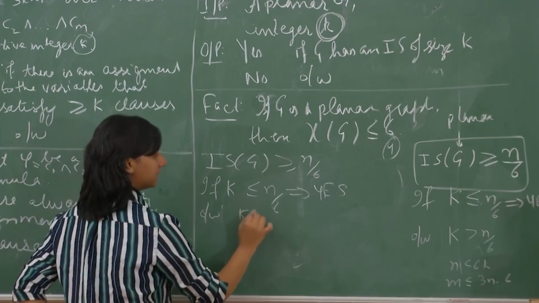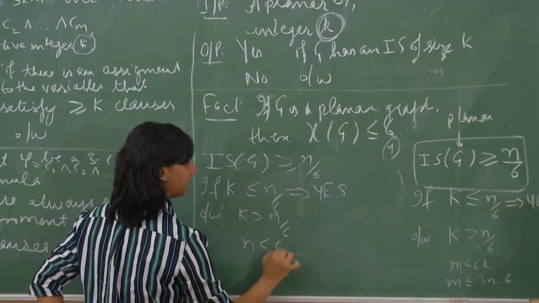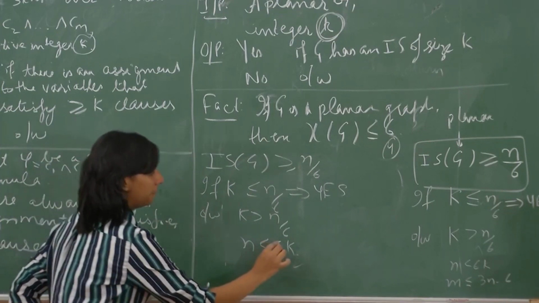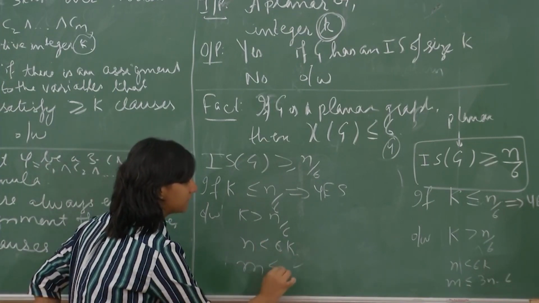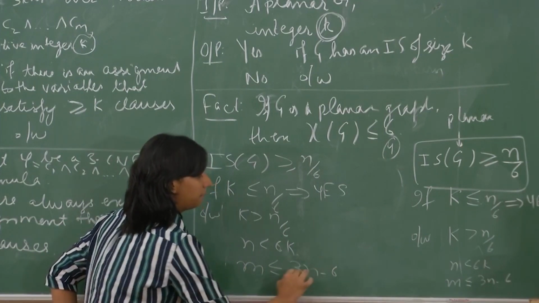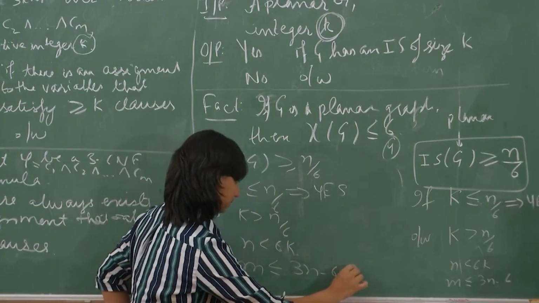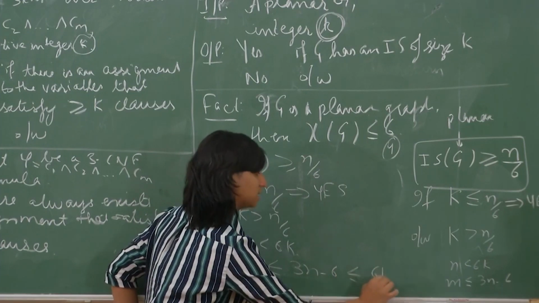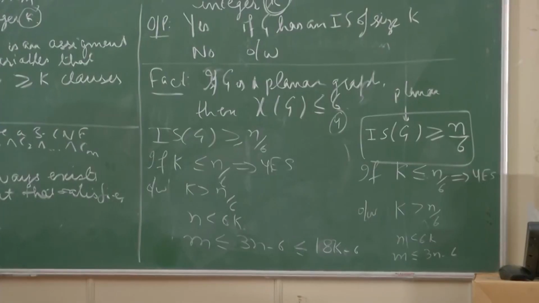Otherwise, k is greater than n by 6, that means n is at most 6k. And in planar graphs, the number of edges m is always at most 3n minus 6. So this gives us a bound on the number of edges also. So again, this is a trivial kernel. We don't really have to do anything.